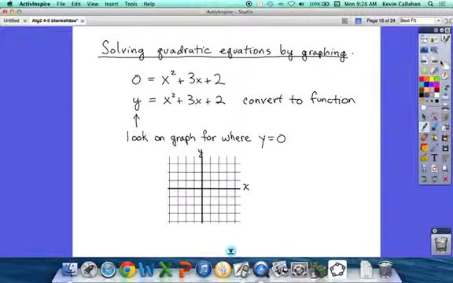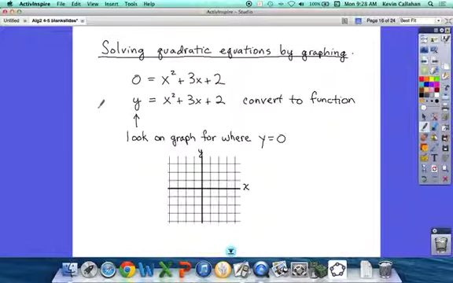What you do is change that equation that's 0 equals a quadratic expression. Turn that equation into a function by replacing the 0 with a y.